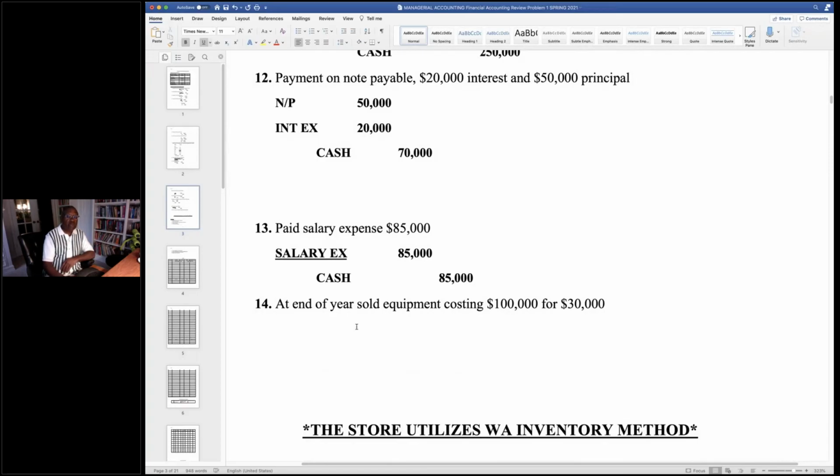We sold some equipment, and it says we got cash of 30,000, right? So we know right away we got cash of 30,000.